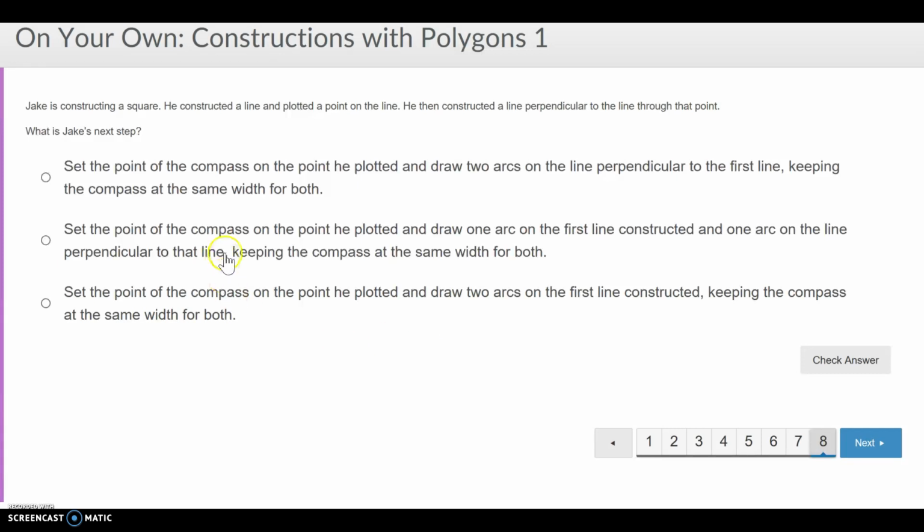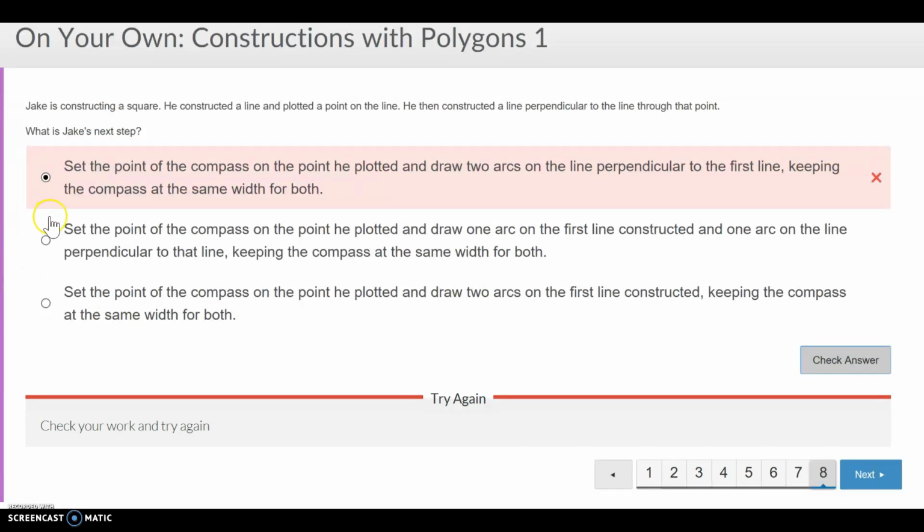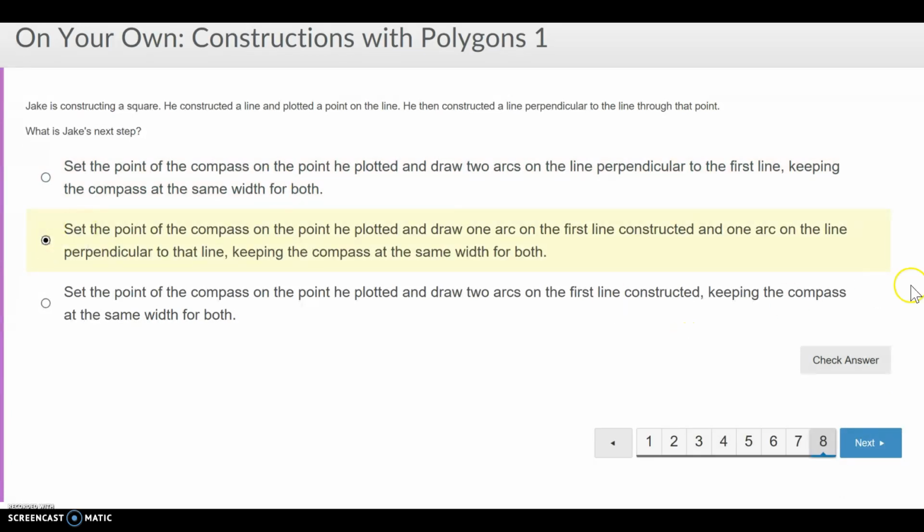Now he's going to place the point of the compass on the point he plotted and draw 2 arcs on the perpendicular line.